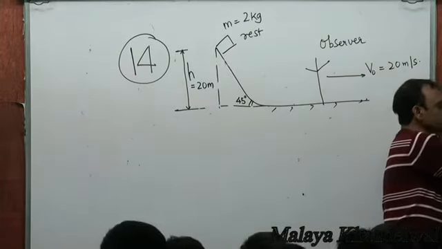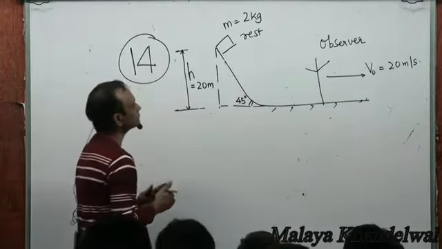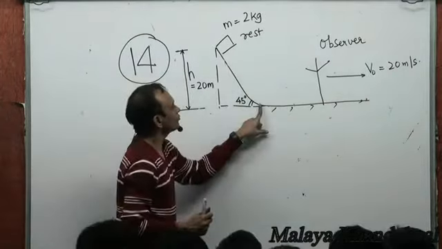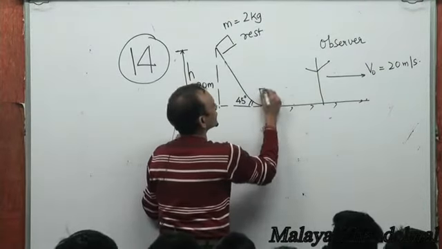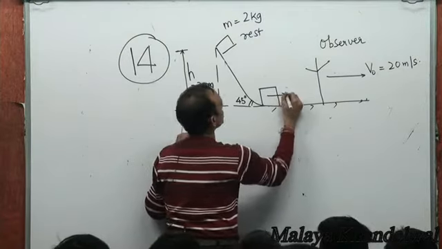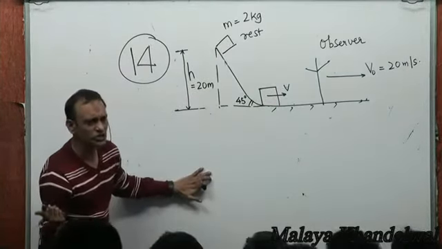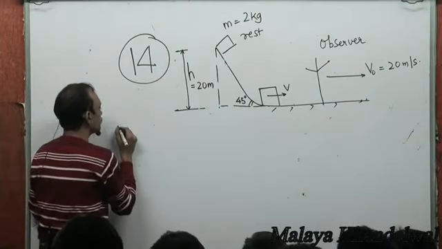See, very clearly, when it falls to this point, it would have developed a velocity v. V squared would be 2gh, no friction.